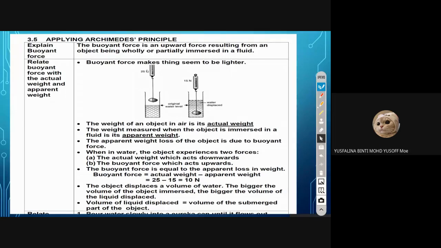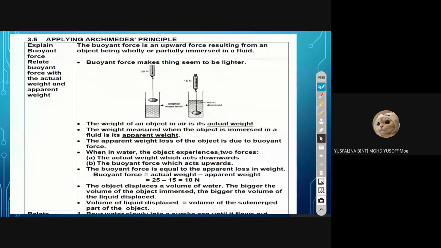You can see the weight is reduced, so there is an apparent weight loss. Where does the 10 Newton go? It turns into the buoyant force. So the buoyant force here is 10 Newton, 25 minus 15. The apparent weight loss of the object is due to the buoyant force.